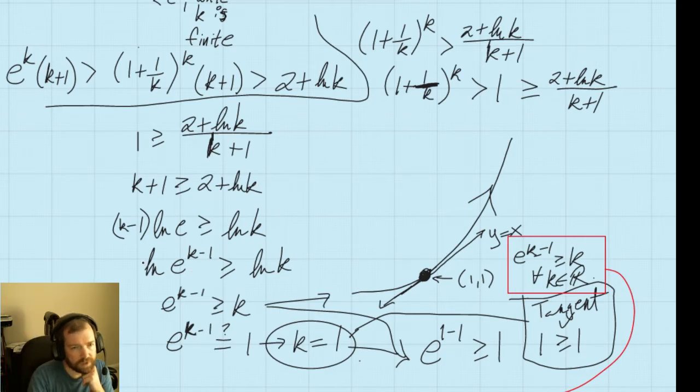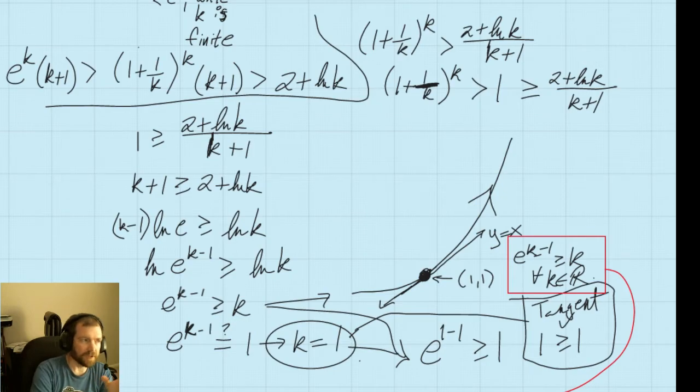When we get down to this particular point, we raise up the k minus 1 from the 2, moving over as the exponent to this e, turning it into e to the k minus 1 is greater than or equal to k. And then I said, well, we can't solve this analytically, but we can figure out when this straight line is going to be intersected by this particular function.